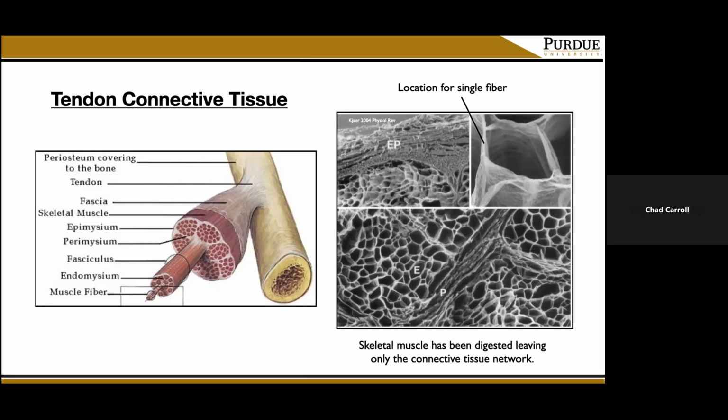To set it up here, the tendon, obviously we all know it connects muscle to bone, but the tendon is contiguous with the connective tissue layers of skeletal muscle. On the right side here, this is from Michael Kjaer's group in Copenhagen. This is a cross section of skeletal muscle where they've digested out the muscle, leaving just the connective tissue web. This is where a single fiber would be.